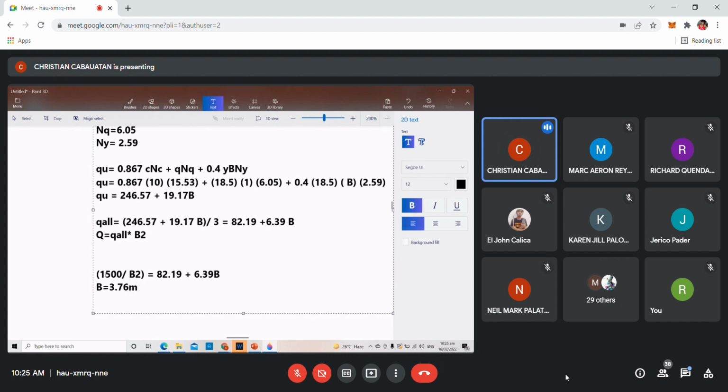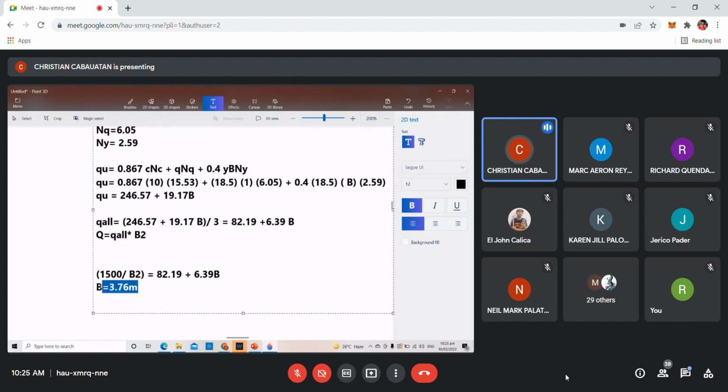Okay. So, yan yung kanyang width, no? So, ganyan lang naman umiikot yung Terzaghi. All you have to do is to familiarize yourself with the equations, especially kung ano yung gagamitin. It's either the general shear failure or the local shear failure. Okay? So, yun lang.